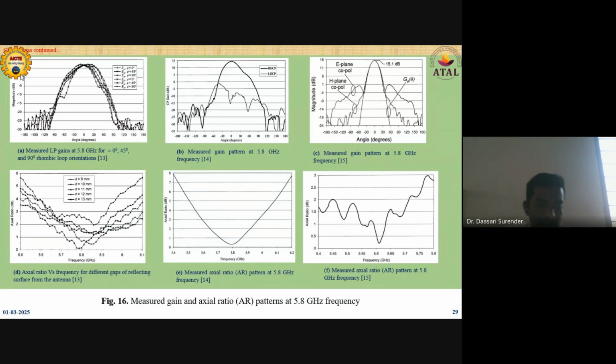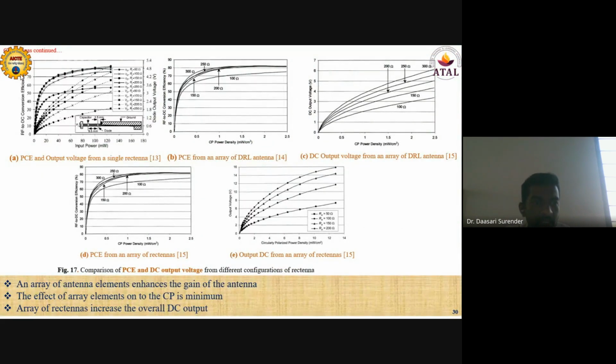RF to DC conversion is also considered. We can see clearly that an array of antenna elements enhances the gain of the antenna, and the effect of the array of elements on the circular polarization is minimum.